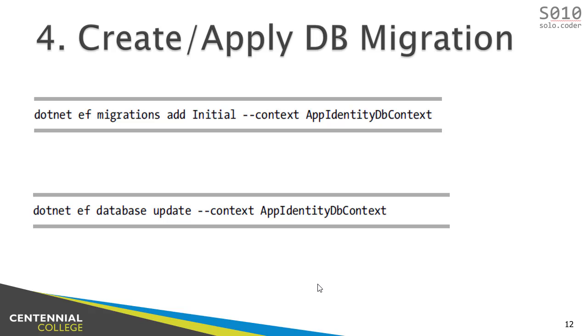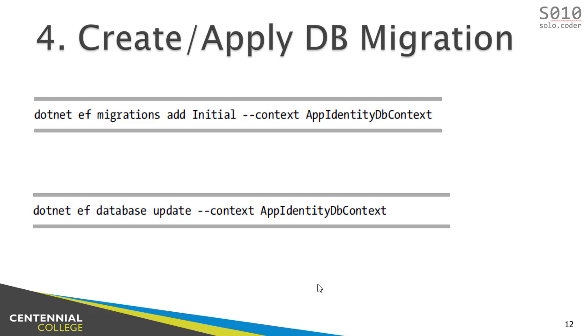So now, if we try to run just this in our application, it's going to ask, which context are you talking about? Are you talking about the application, the original context for the database of products, or are you talking about the app identity DB context?